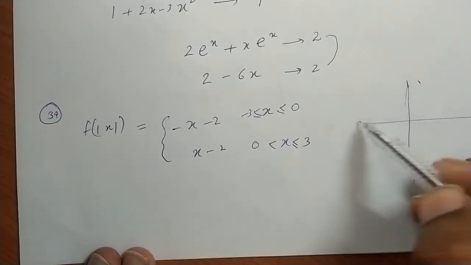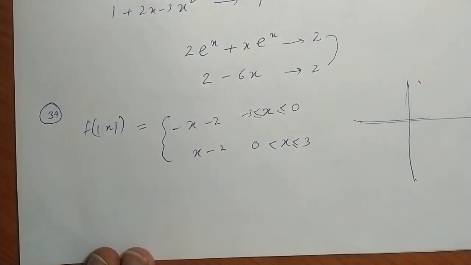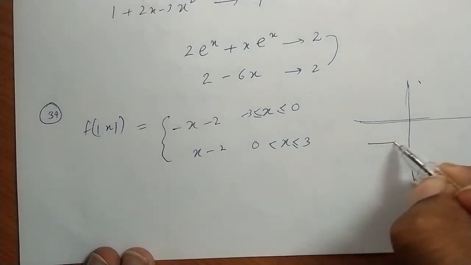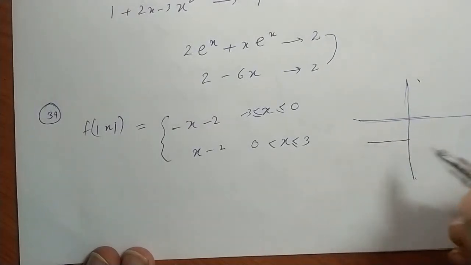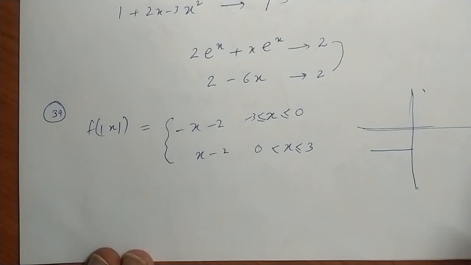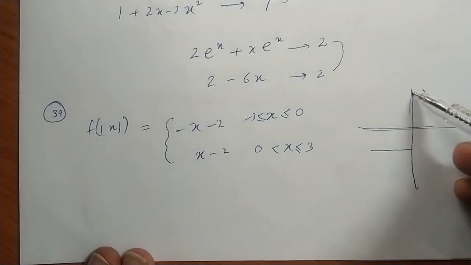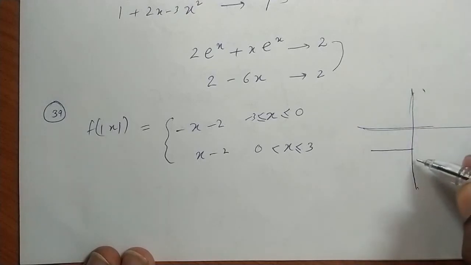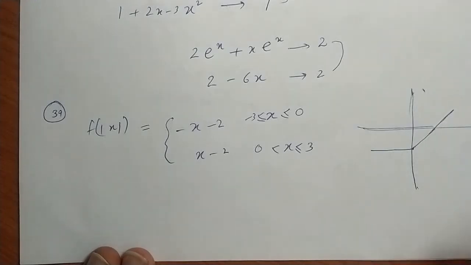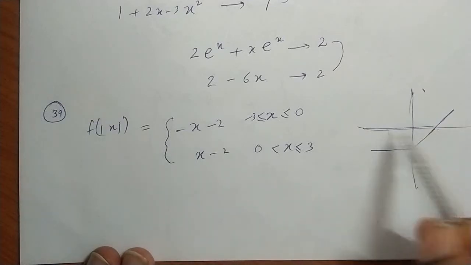Just a sec. Draw graph of f(x) first. So f(x) is minus 2. Okay, and f(x) is x minus 2 when x is between 0 to 3. Okay, so this is reflection with respect to this.